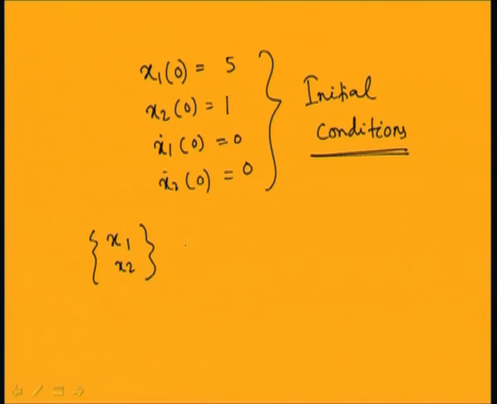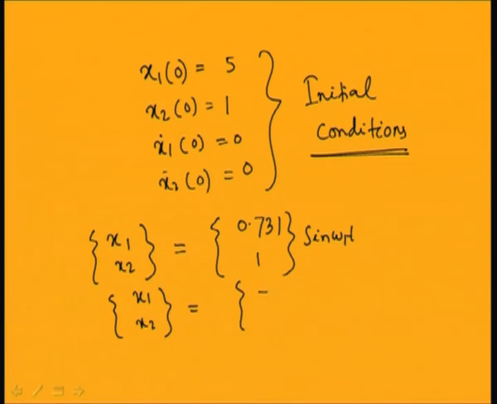So, for the first mode, x1 x2 is equal to 0.7311 sin omega 1 t, and for the second mode x1 and x2 is equal to minus 2.731 sin omega 2 t.